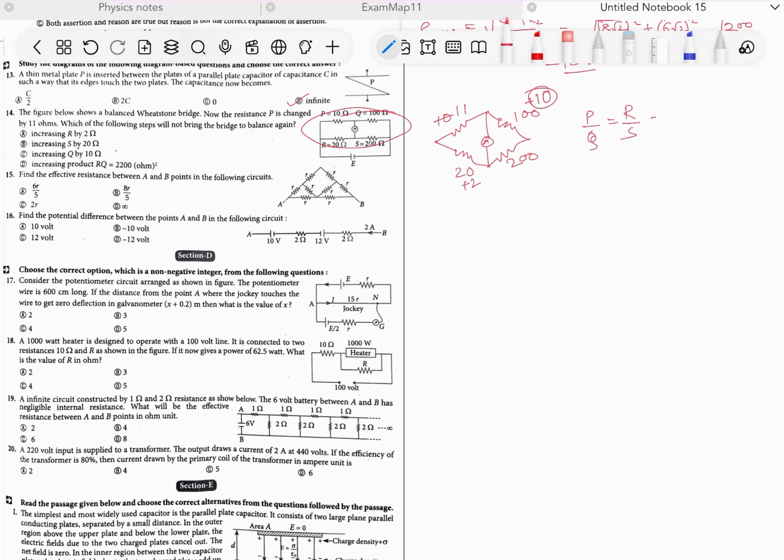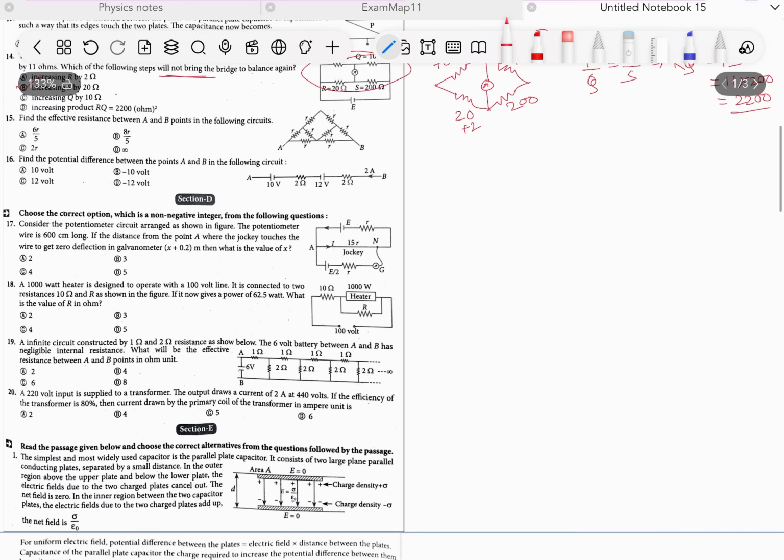And another example is P into S equal to R into Q. So given the value of P is 11, into 200, it means 2200. So it is also right. So option C is right, option D is right, option A is also right. So here, given that not bridge, option B is the right answer. Okay, so it is actually false.